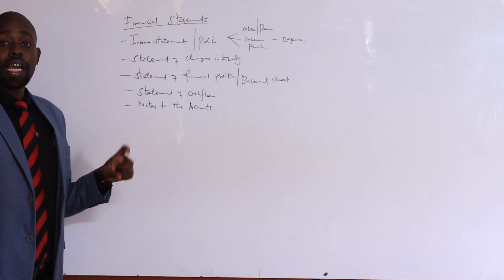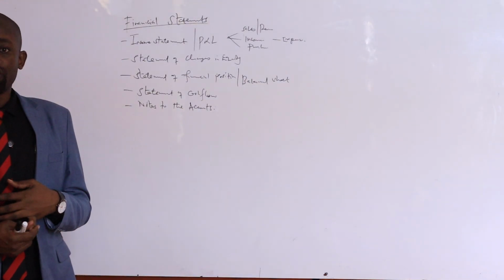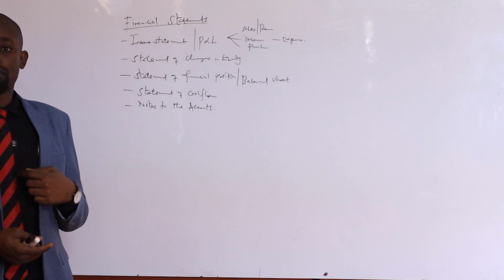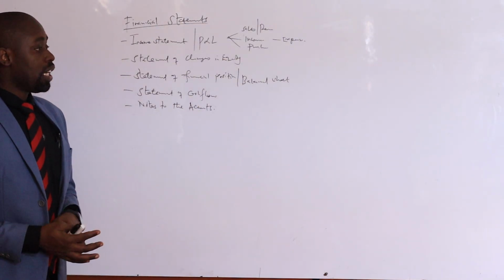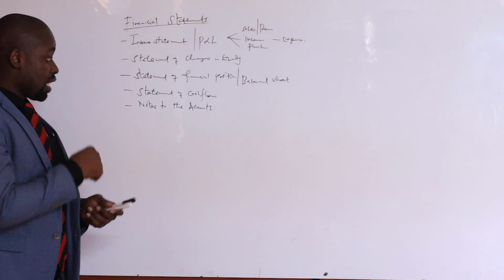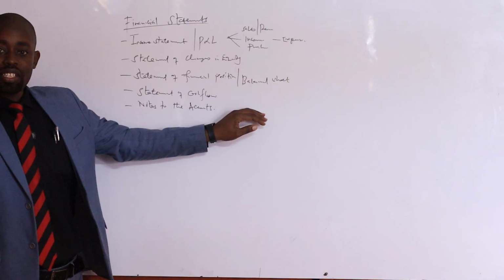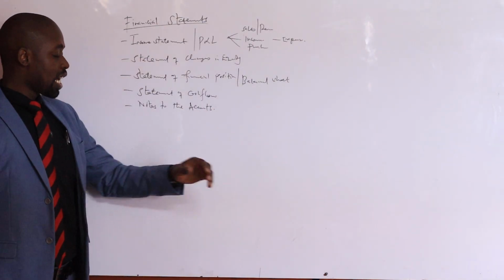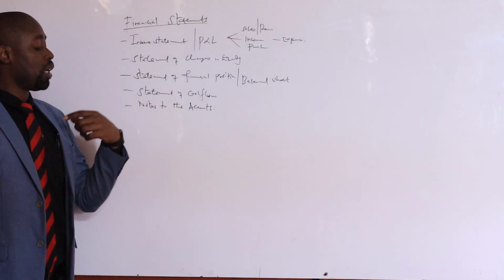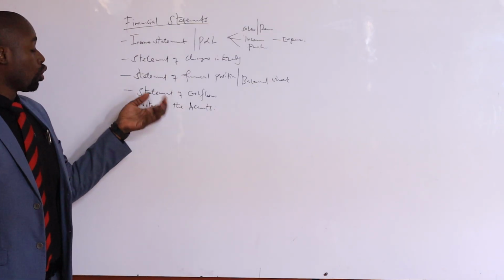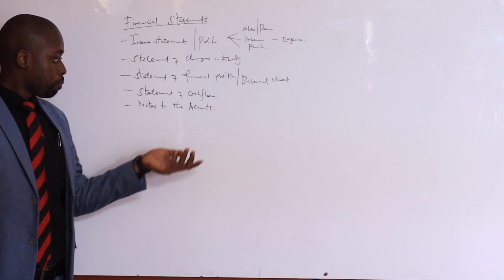Then statement of cash flow. This is a statement that will help us to understand where the cash went to, where the cash came from, and why we're having what we're having at the end of the year, and what we had at the beginning of the year. So this statement is used to reconcile opening cash and cash equivalents with the closing cash equivalents in light of inflows and outflows that took place within the year. We shall also cover it in topic number 7 under financial statements of a company.